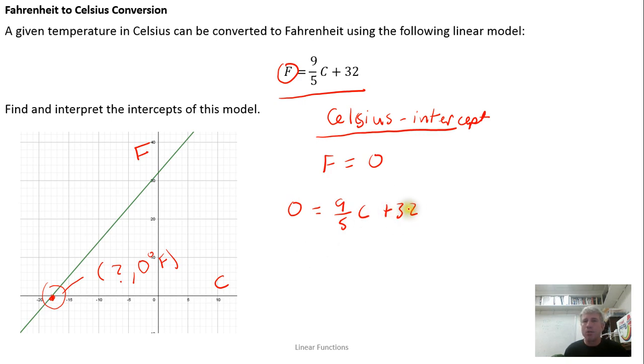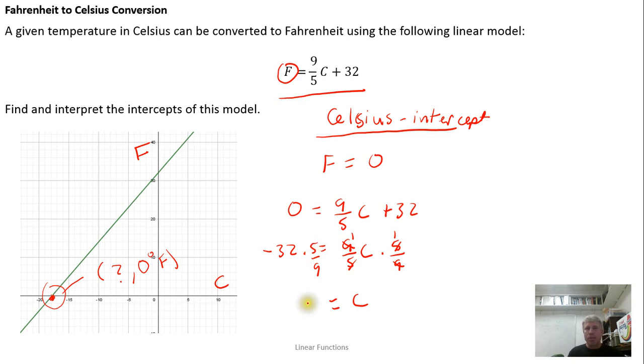Subtract this 32 from both sides. Multiply by the reciprocal of the coefficient on the Celsius variable. So multiply by 5/9 on both sides, because 9 divided by 9 is 1, 5 divided by 5 is 1, and we get 1 times Celsius, which is just Celsius.